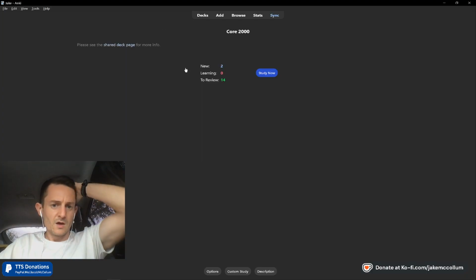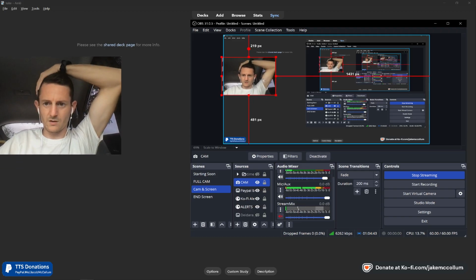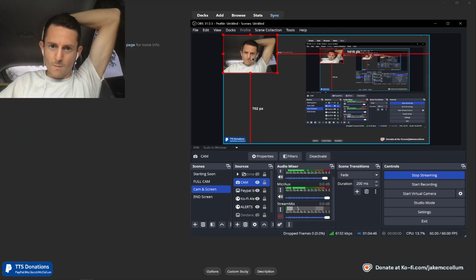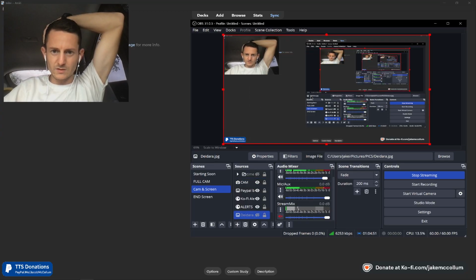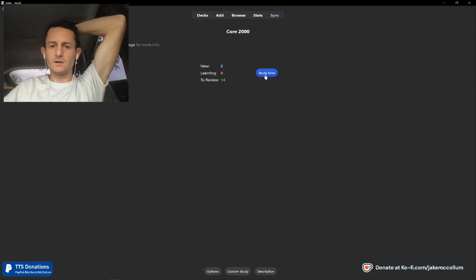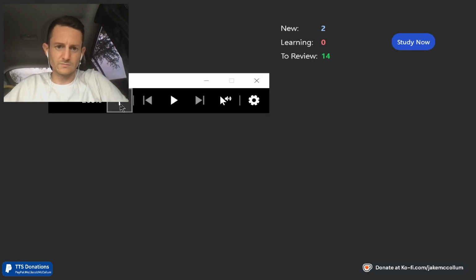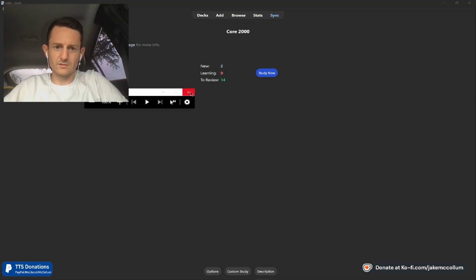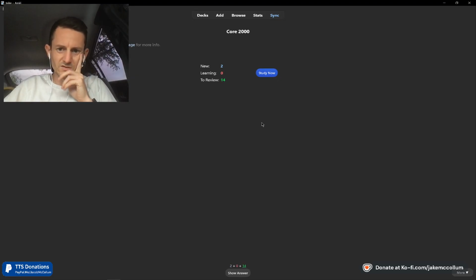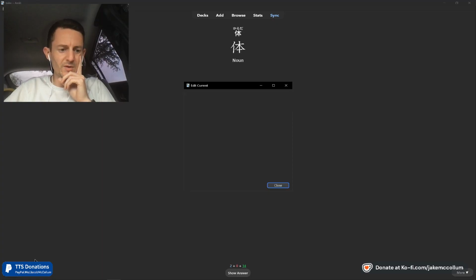Yeah, that looks right. Okay, Core 2000. All right, let's move me up probably. Is that good right there? Okay. I have no way of zooming in. Magnifier? Study. Anybody know how to zoom in on Anki?